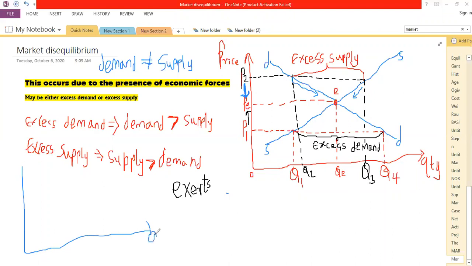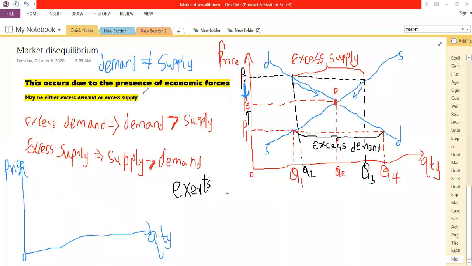If we have the equilibrium here between the price and the quantity, we have the demand function and the supply function. Assuming here we have the exceptional cases to the law of demand and to the law of supply.